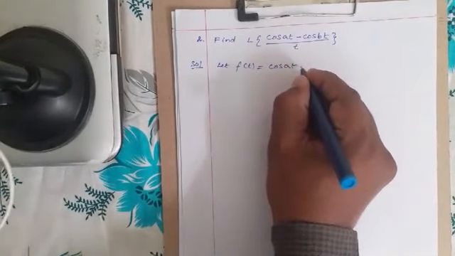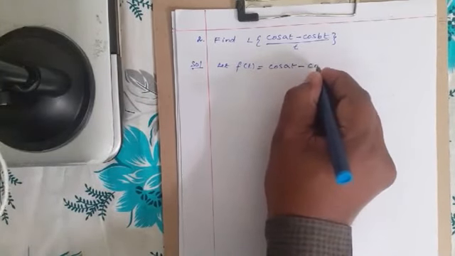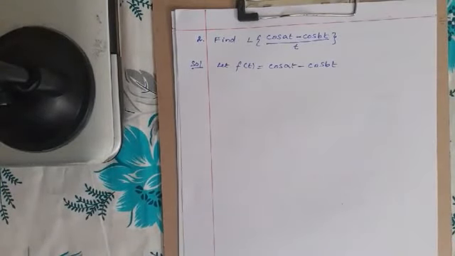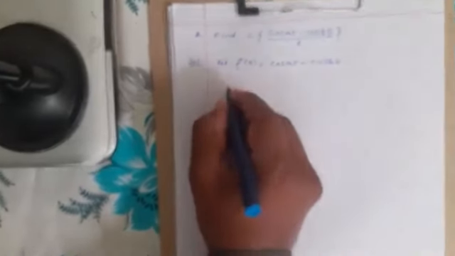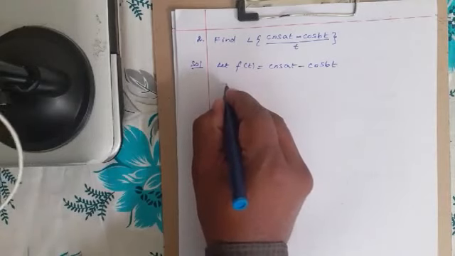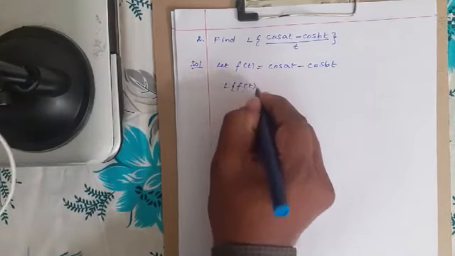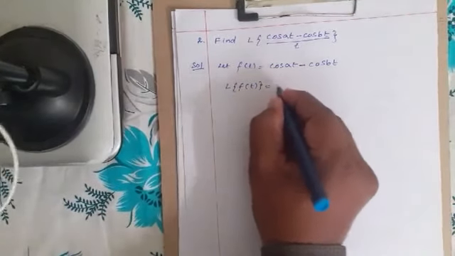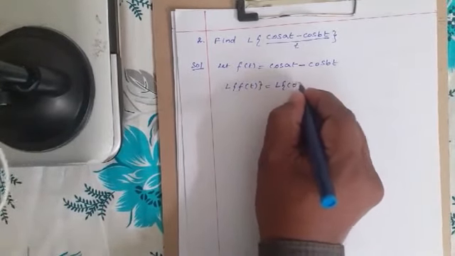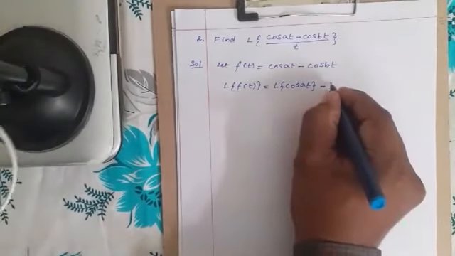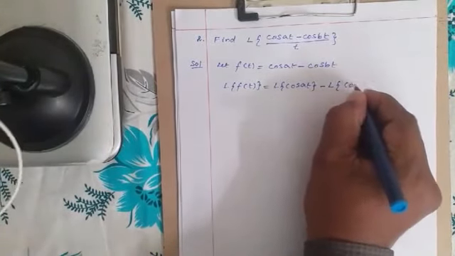In this problem, f of t is equal to cos at minus cos bt. First we find the Laplace of this f of t, and then we'll proceed to apply division by t. So Laplace of f of t is equal to Laplace of cos at minus Laplace of cos bt.